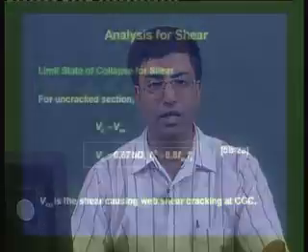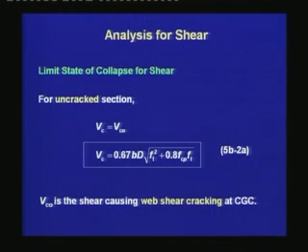For an uncracked section, Vc is equal to Vc0, where the Vc0 is expressed as 0.67 bD times root over ft square plus 0.8 times fcp times ft.